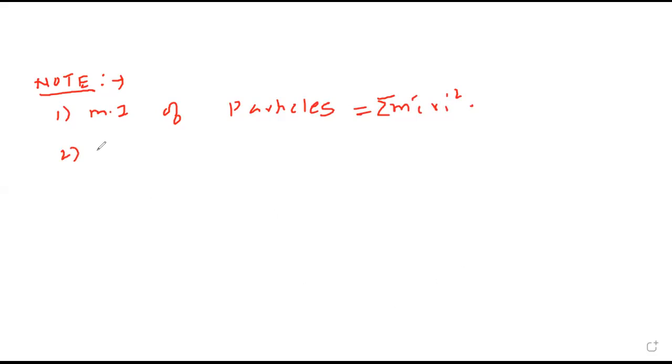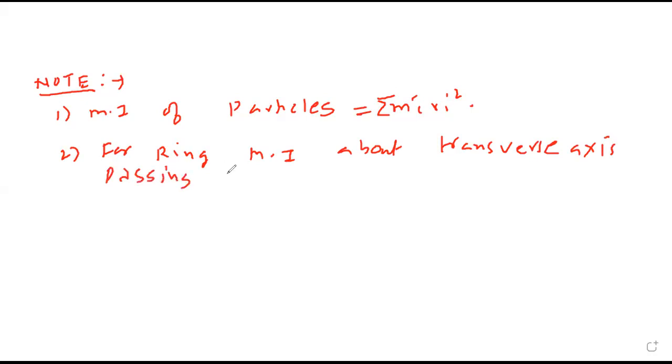It is uniformly distributed. So for bodies like a ring, moment of inertia about the transverse axis, transverse axis means the perpendicular axis passing through its center, I is mr square.